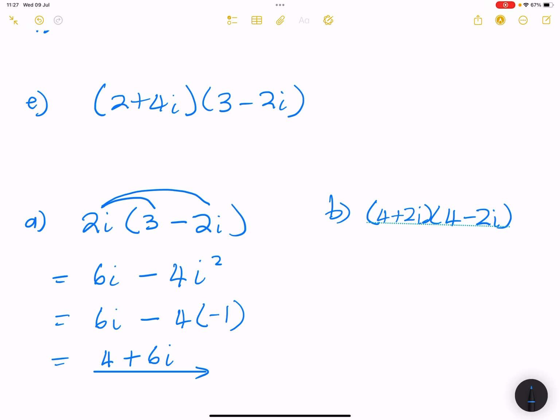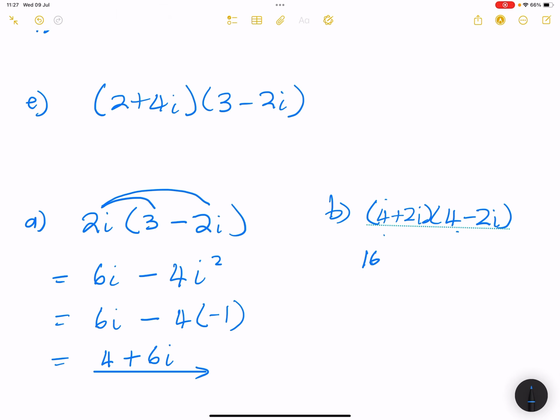So not only is it important for you to know how to work it out, but it's also important for you to know how to factorize when you are seeing the difference of squares.